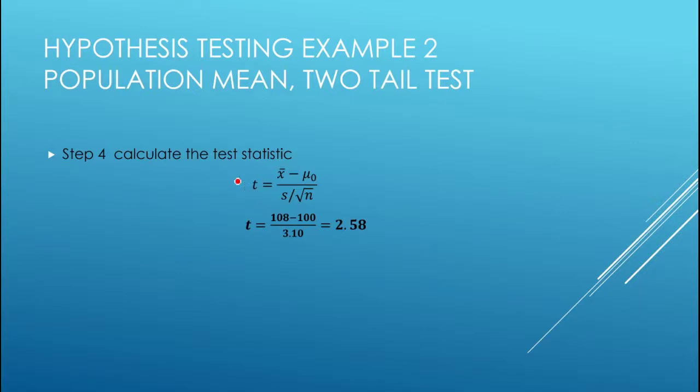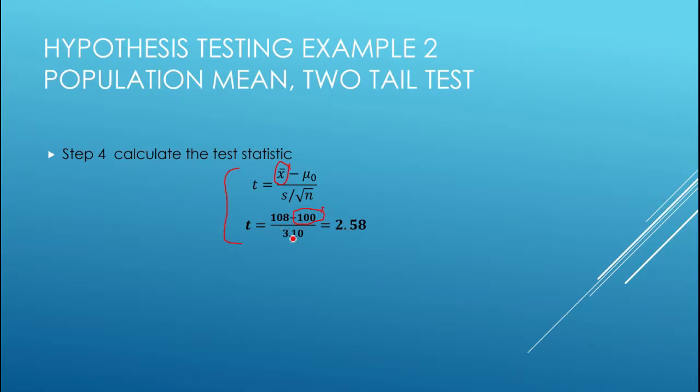Step 4 is to calculate the test statistic, and the calculation of the test statistic hasn't changed. We're concerned with the distribution of the test statistic when the null hypothesis holds with equality. So we'll take our sample data and we'll calculate X bar. That's our sample information. We're comparing that to our null hypothesis when it holds with equality, and our null hypothesis in this case is stated with an equality, and it is that IQ tests in the population have an average of 100.